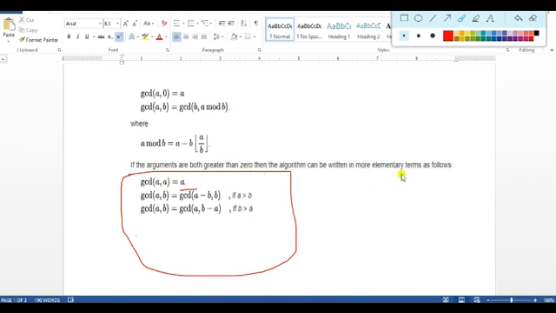GCD of a, b equals GCD of a minus b, b. This is the recursive definition if a is greater than b, and else if b is greater than a, the second formula is used: GCD of a, b means GCD of a, b minus a. So this is the recursive definition.